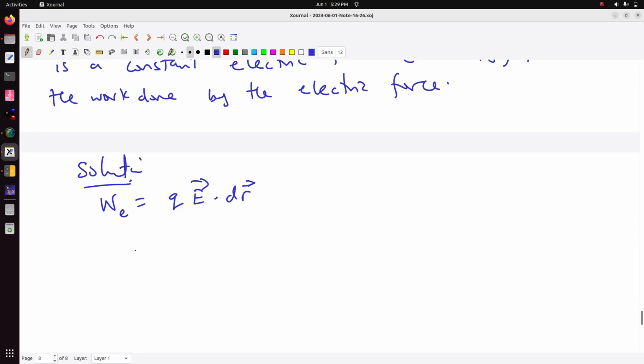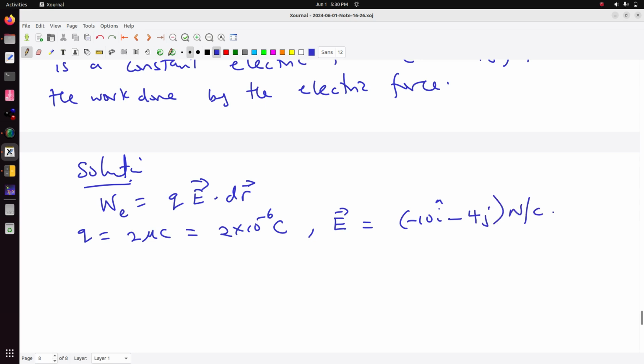Now, the charge is given as 2 microcoulomb, which is 2 times 10 to the power minus 6 coulomb. The electric field is a vector, given as minus 10i minus 4j newtons per coulomb.